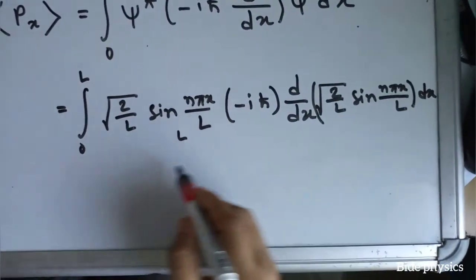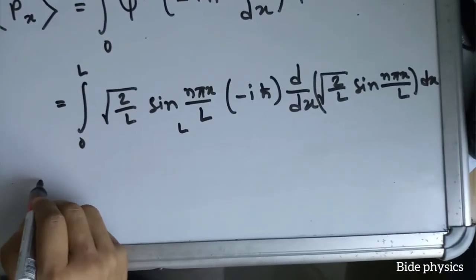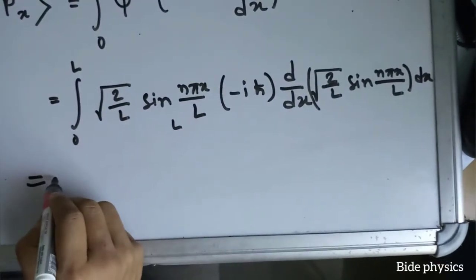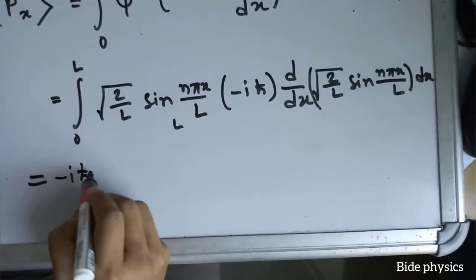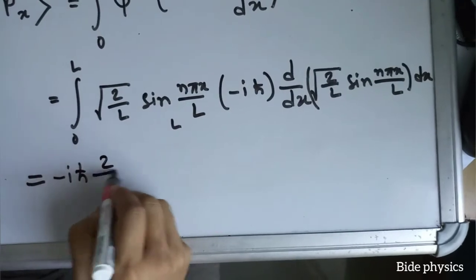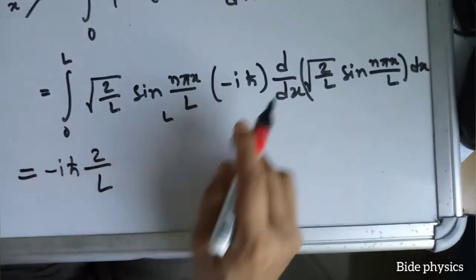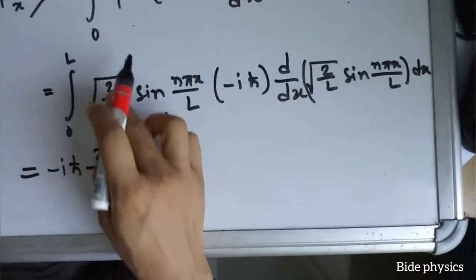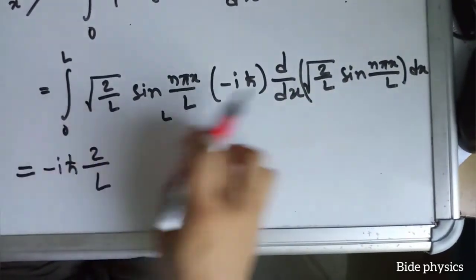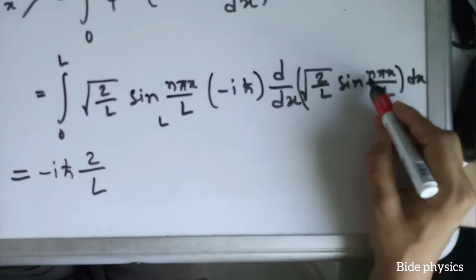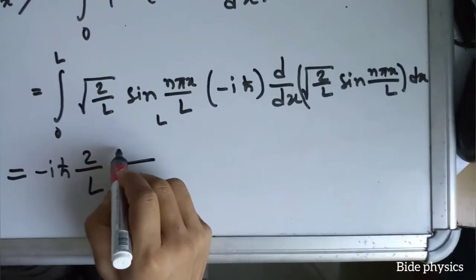After doing all these things, you will get this equation: minus i h cross, 2 by L, multiplying these two terms, and also the n pi by L term.